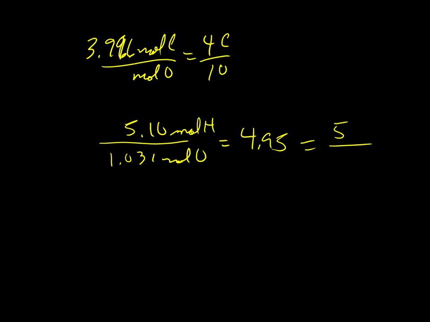Because I'm not going to do fractions at the 20th. Because that's what we'd have to do if we wanted to do 9.5, right? 19/20ths? We're not going to do 19/20ths. So that's 5 hydrogen for every 1 oxygen.